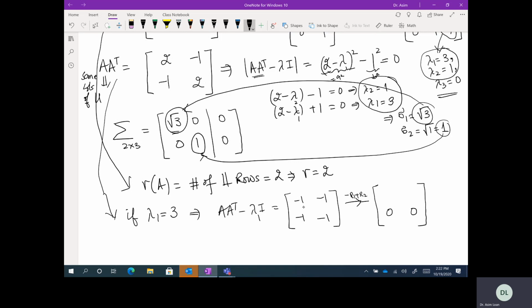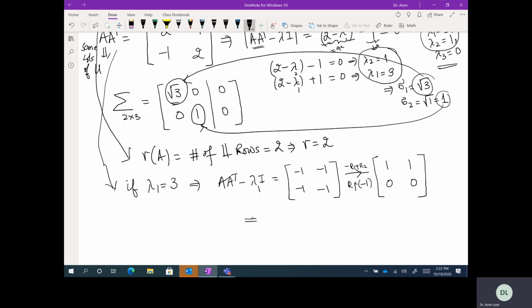And then if I multiply row 1 by minus 1, this will be 1 and 1. So this implies U1 is going to be, so this is a pivot, so obviously the second one is a free variable, and I also normalize it over here. So this one becomes negative, and then becomes this one.